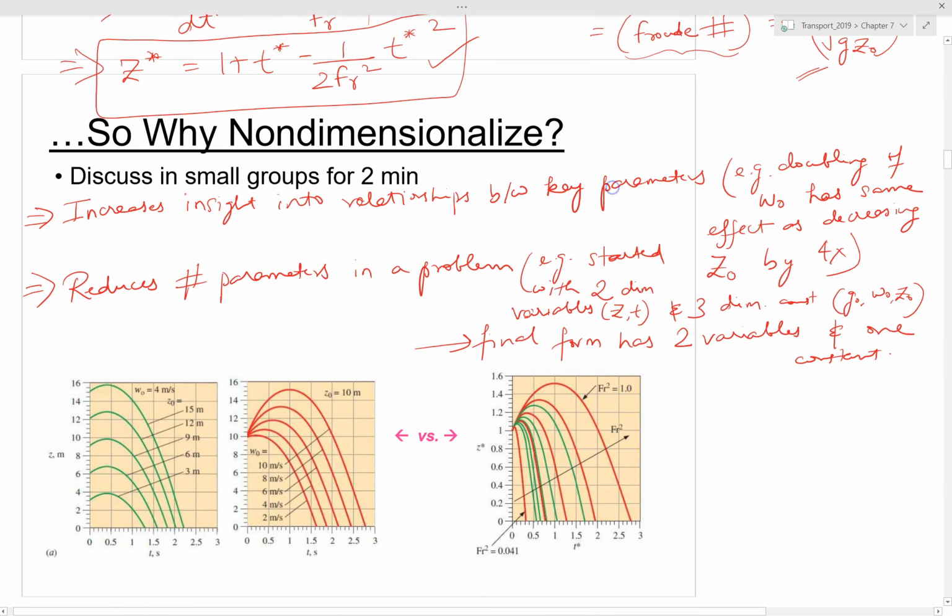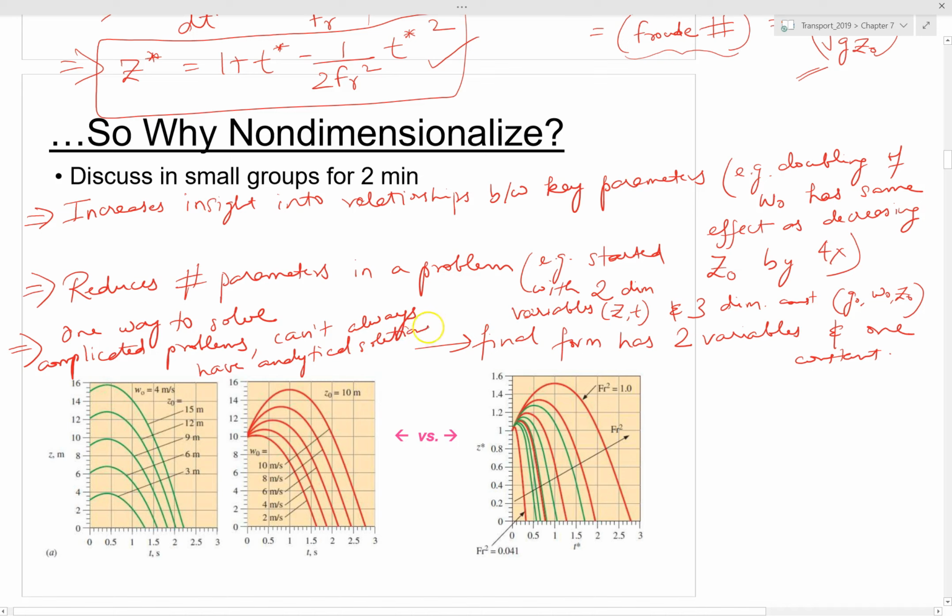So this is, I should say, one way to solve complicated problems, because we can't always have analytical solutions handy.